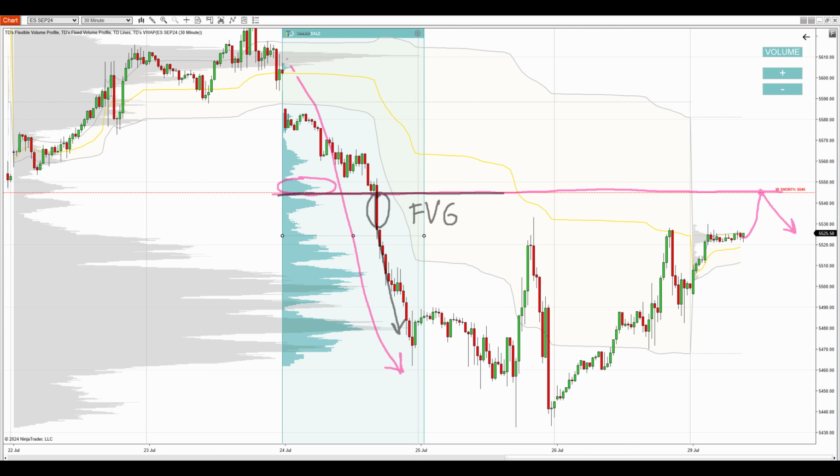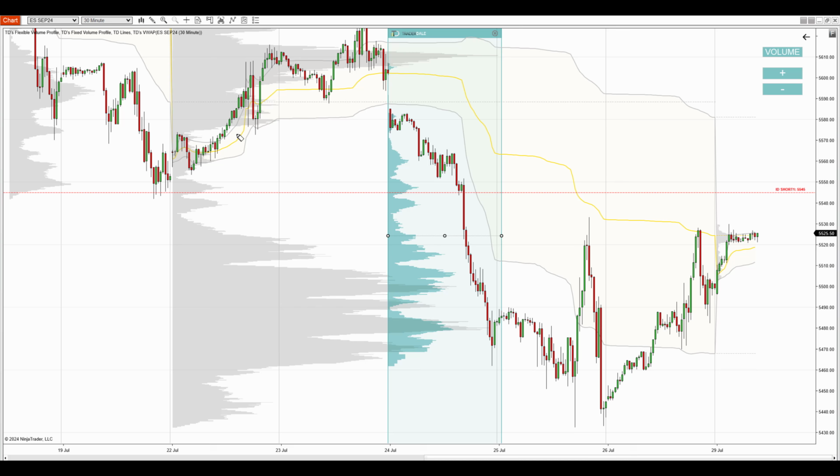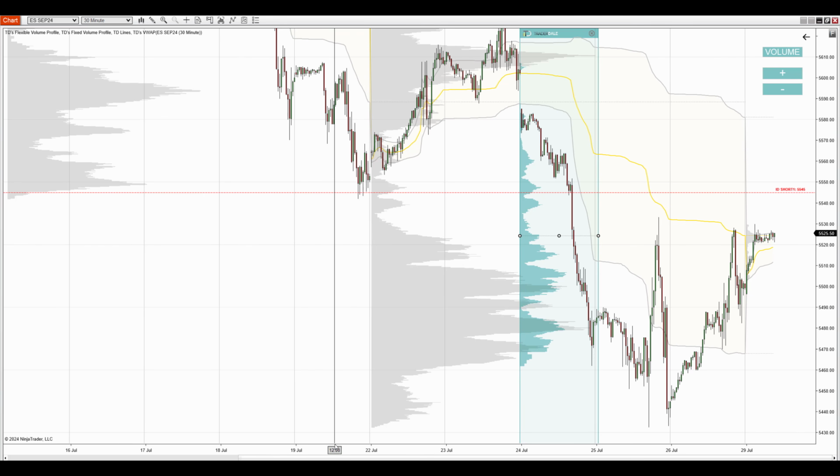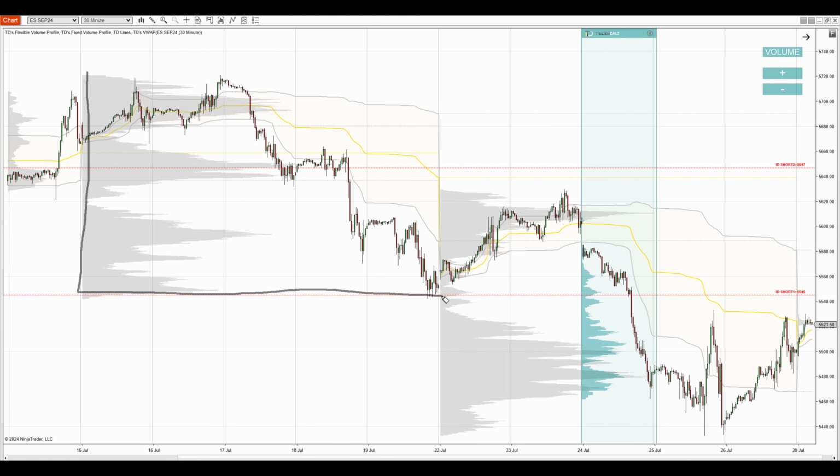Another thing that adds strength to that level is that in here the price reacted to this level in the past, and actually it was the low of the whole week, right? So this was the week, and here is the low of the week.